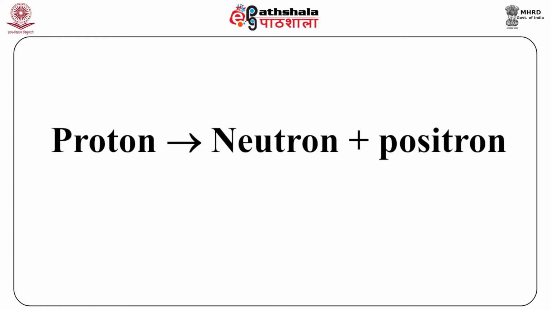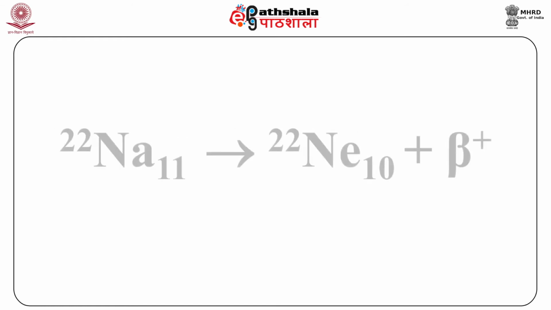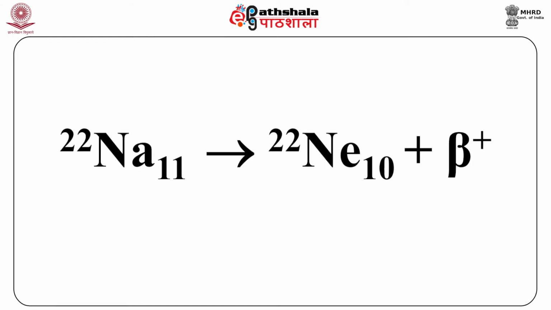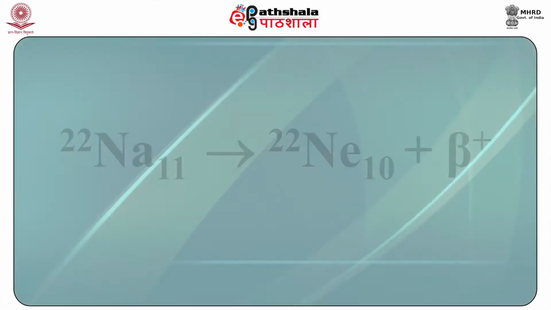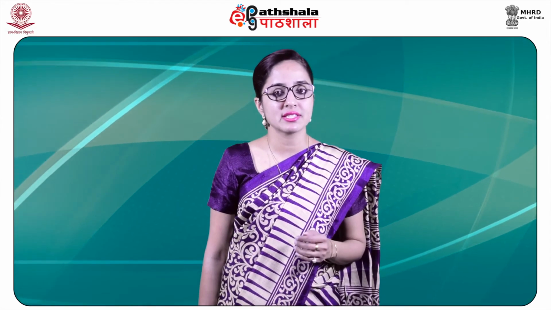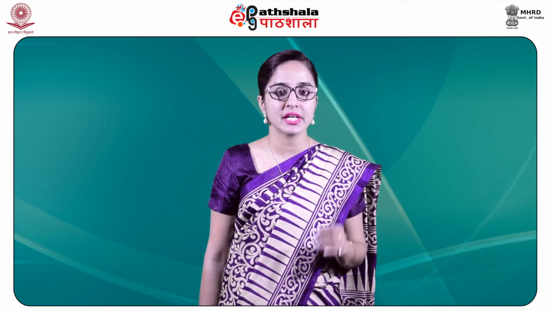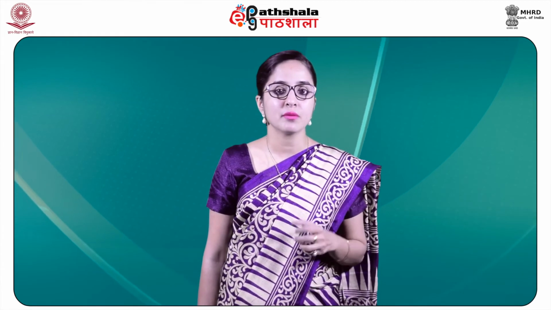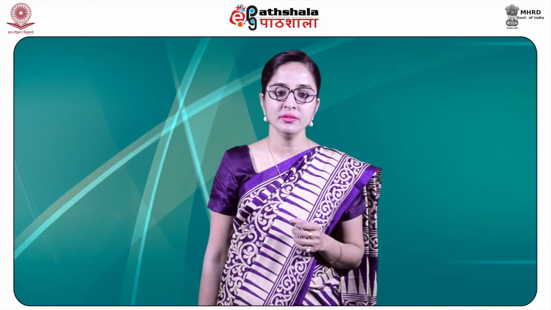So you can see here a proton is converted into a neutron and a positron. An example of an isotope decaying by positron emission is 22 sodium, and this equation is shown to you here. It is used in brain scanning with the technique positron emission tomography, which is PET scanning, used to identify active and inactive areas of the brain.